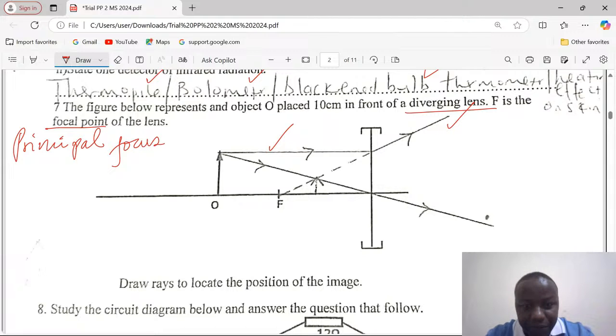The other ray goes through the optical center, which is the mid of the lens. A ray that goes through the optical center passes undeviated.